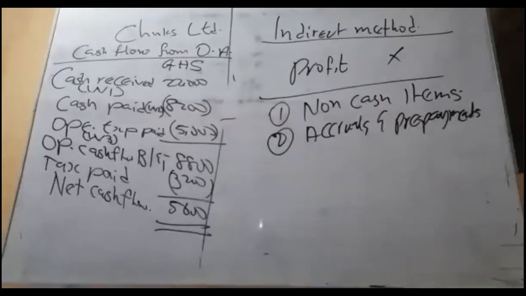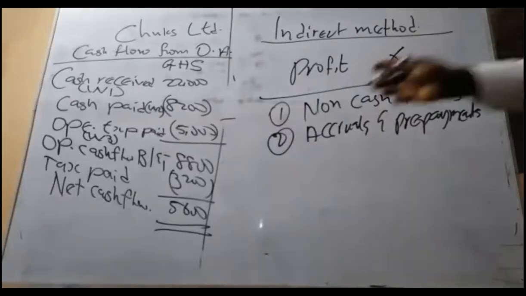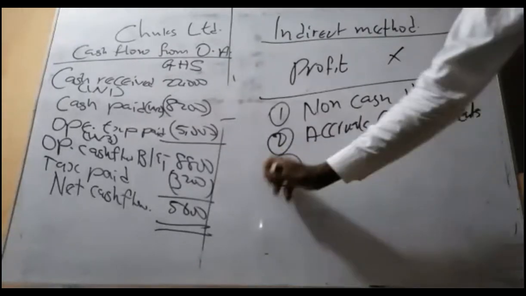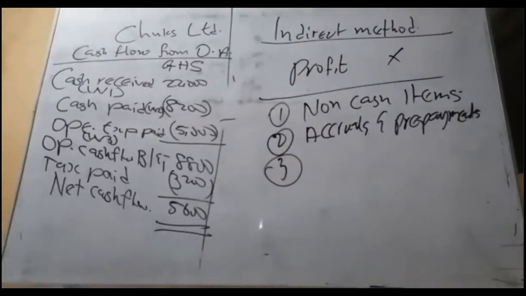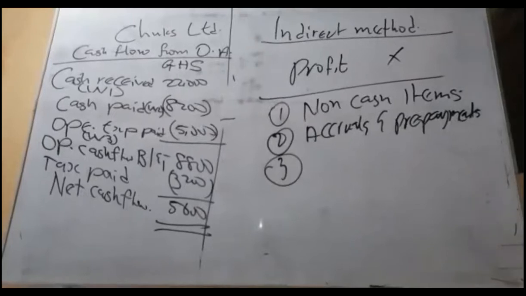Accruals and what? Prepayments. Now the third item, I call it the stranger or alien. Any item which has entered this profit, but it's not operating. Let me explain this. When you look at cash flow, it has 3 perspectives, right? Operating, investing, and financing. But if you look at the profit statement, there's no 3 demarcation. There's no operating profit, profit from investing, and profit from where?